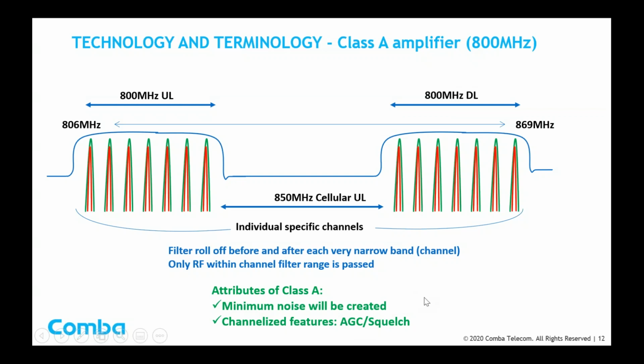Squelch, by the way, is a feature built into both Class A and Class B devices that allows you to minimize the noise that's being put on the network. And one of the things we always want to do in a good DAS design is keep the DAS from putting additional noise on the public safety network.